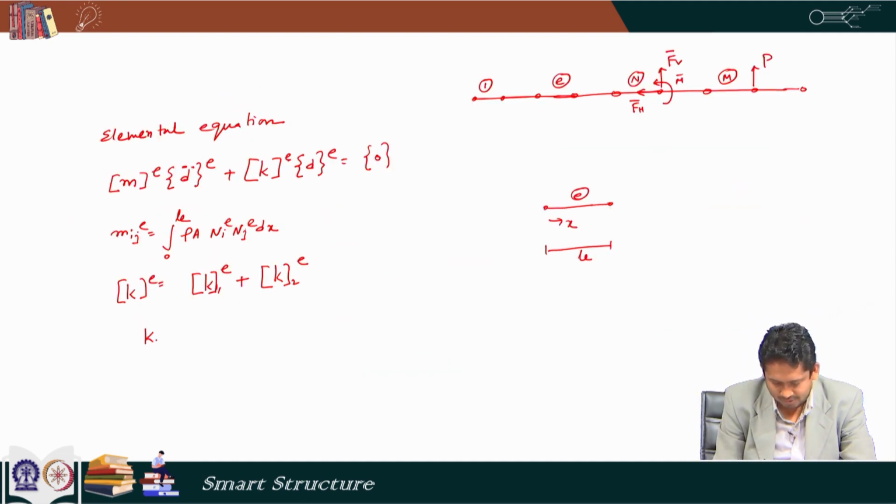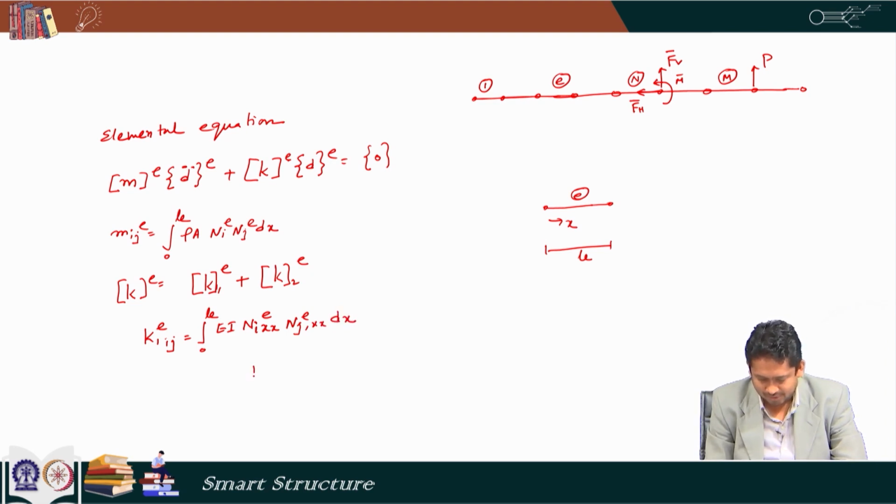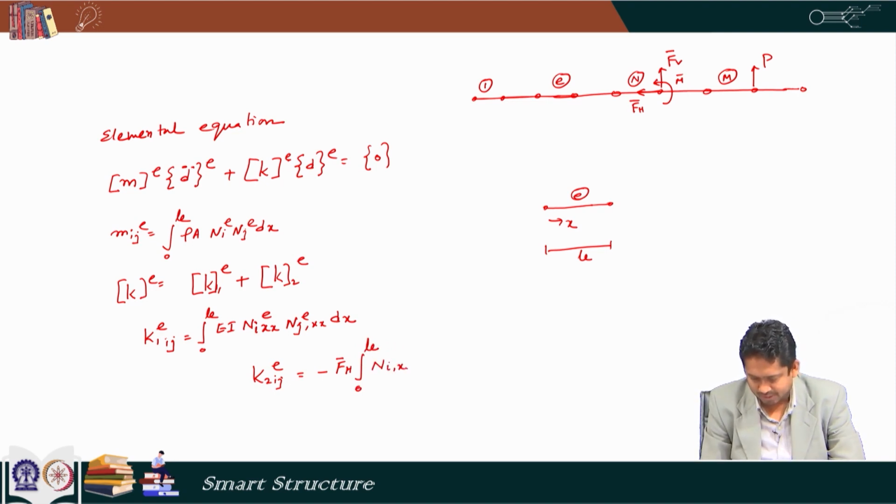So, K 1 E I j is, as seen before, E I N I comma x x N j comma x x dx, and K 2 I j is negative of F h bar multiplied by the integral 0 to L E of N I comma x multiplied by N j comma x.